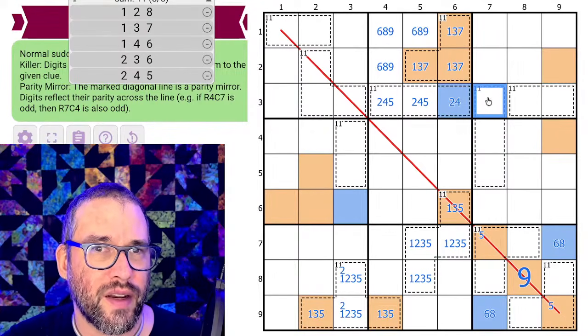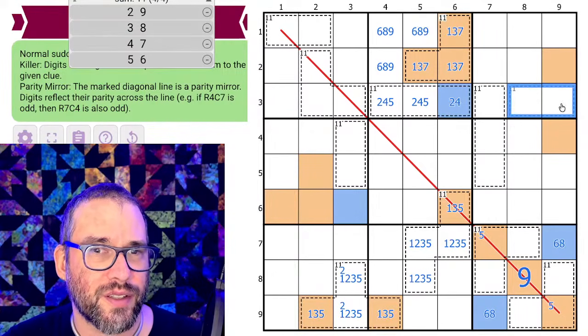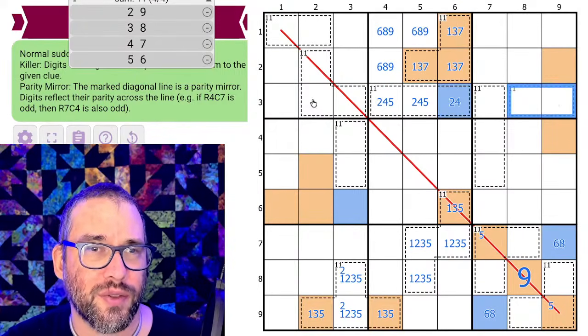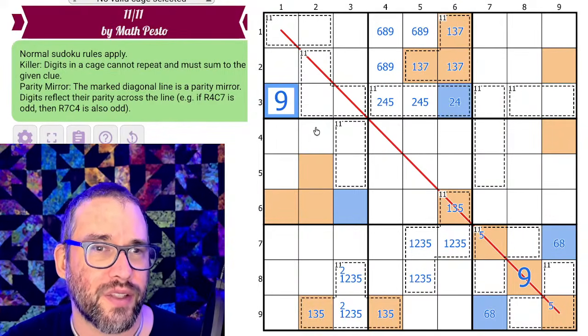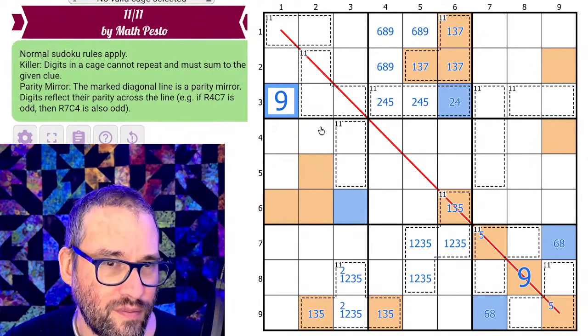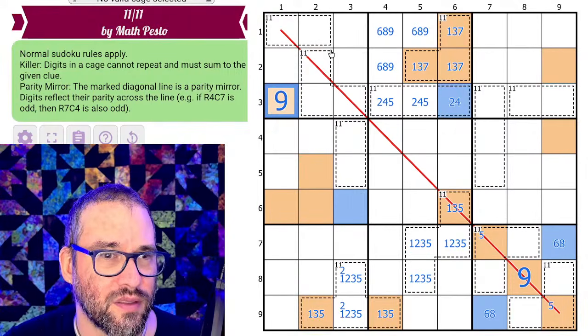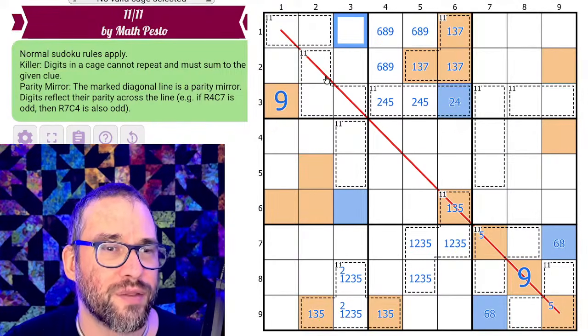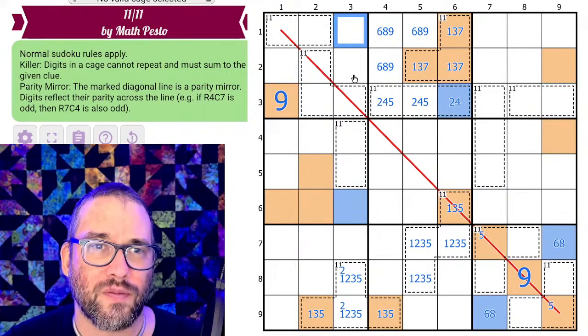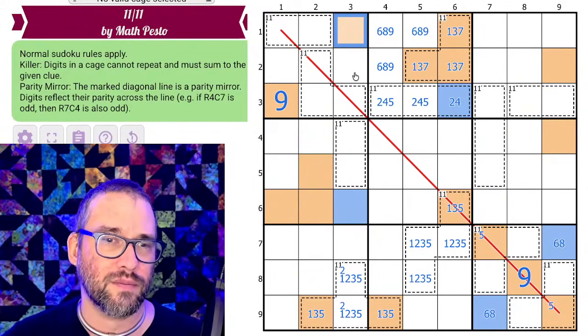Let's see. 9 can't go in a 3-digit. This has a 2 looking at it, so it can't go here. So 9 actually goes here. That's very nice. Oh, and Jennifer also saw it. So that is odd.